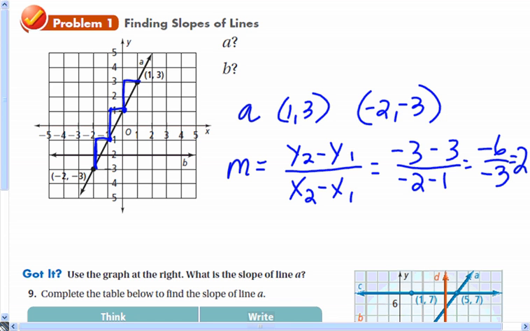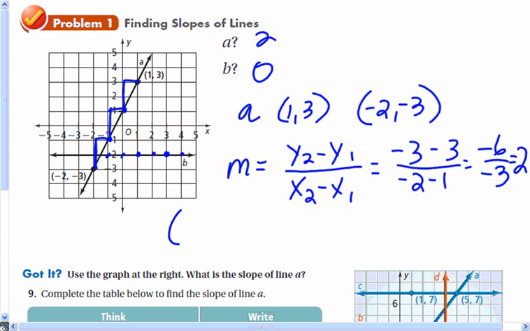The other line, line B, they didn't give any points, but one thing we know about a flat line is that there's 0 slope. And you could check that by using points if you want. The y value is -2 for every point on this line.